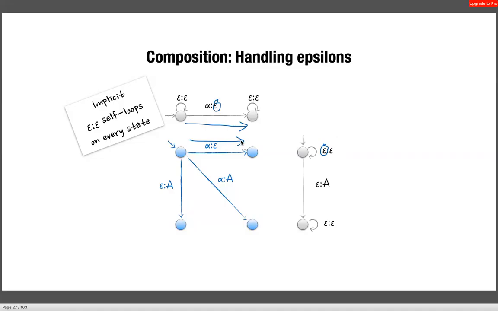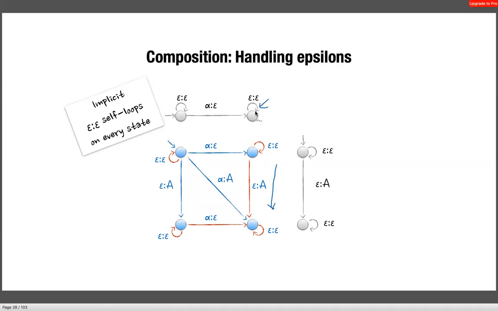This is all fine. But now you can also have all these additional transitions which now show up in red. So you can have this transition because here you have this epsilon epsilon self loop, and so you stay in the same state, and then this epsilon is produced as an output, which is consumed here, and then you take this particular transition in the composed machine.